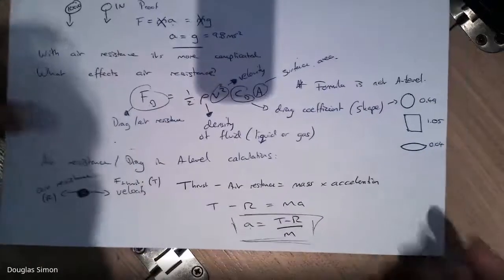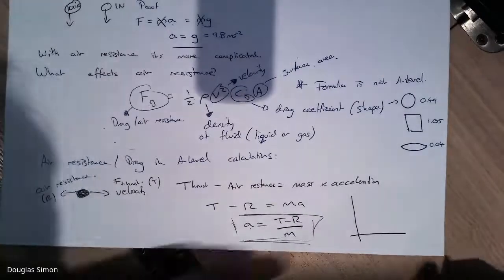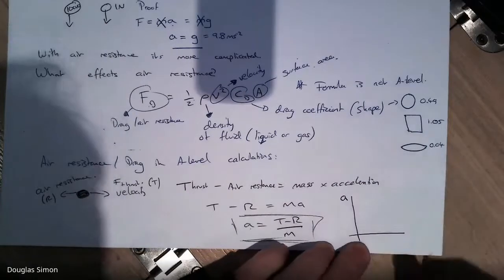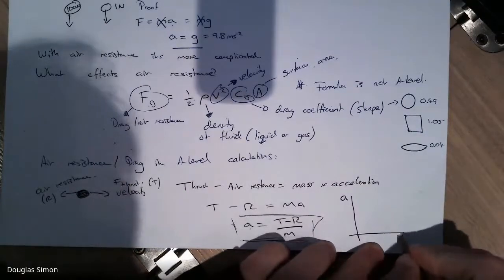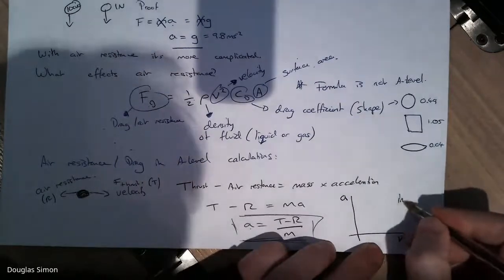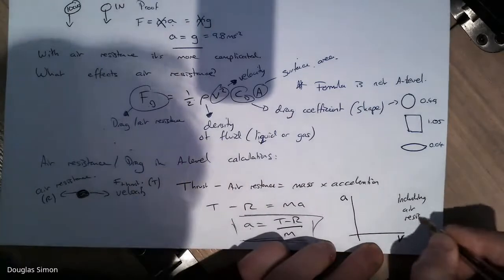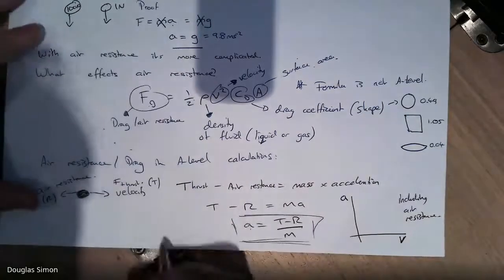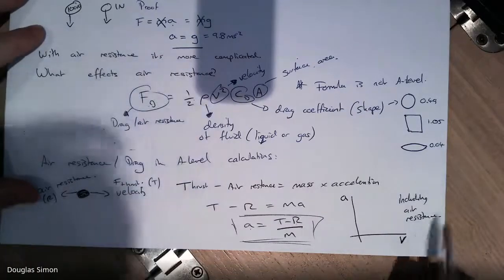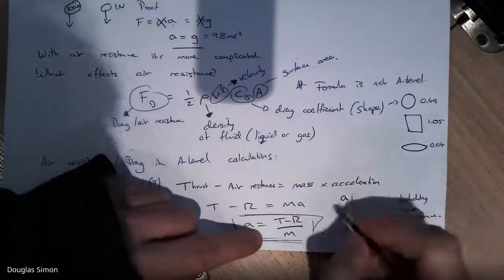A typical question will also be something like, what happens to the acceleration as we increase the velocity if we do care about air resistance? So what this is saying is we've got some object which is starting at 0, it's accelerating. What will the acceleration be if there was a constant force?